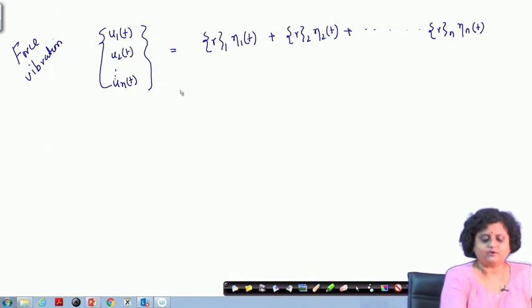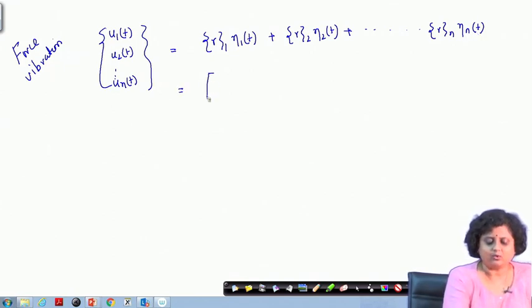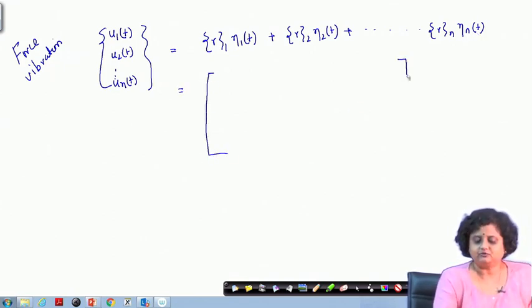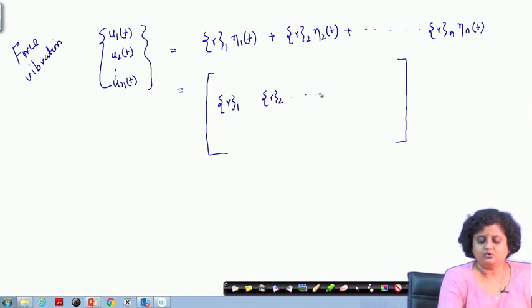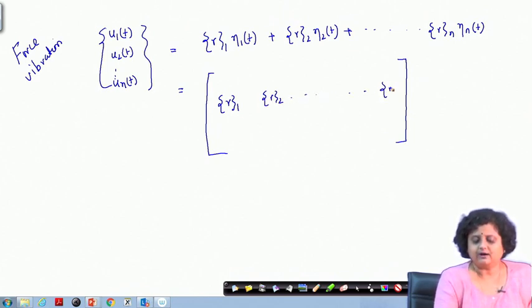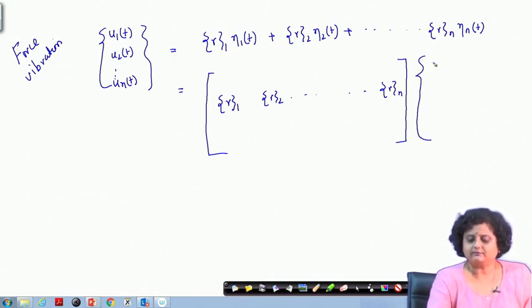Now, if I try to write this in matrix form, I can form a matrix R1, R2, so on till Rn, and multiply it with a vector containing eta 1 t, eta 2 t and so on till eta n t.